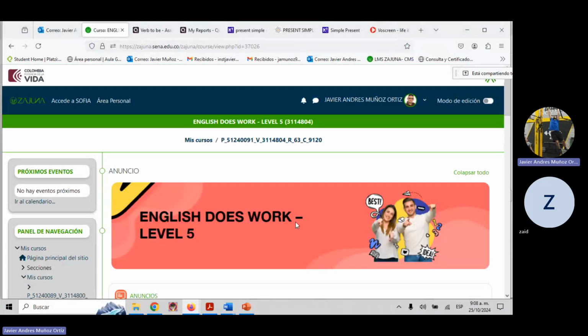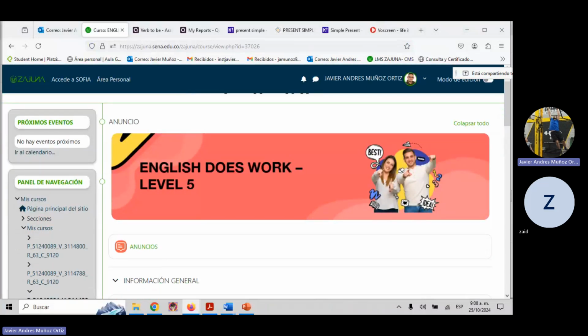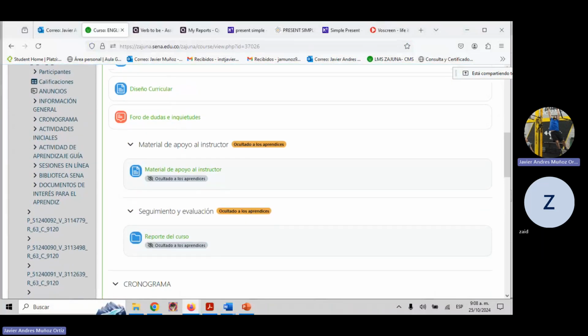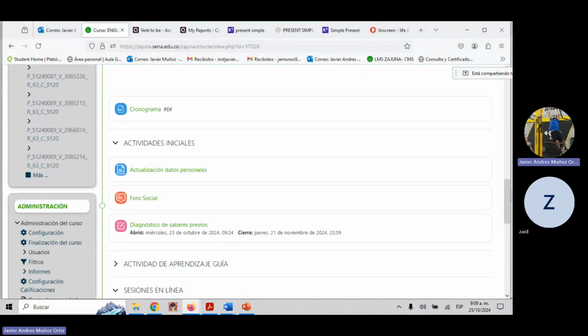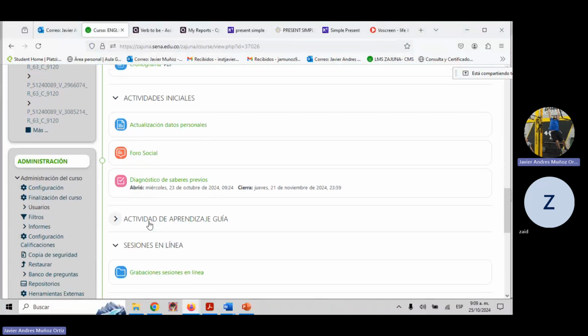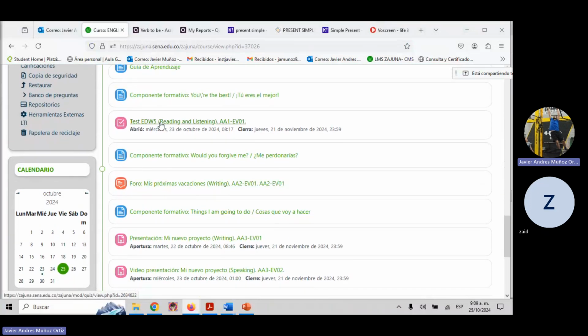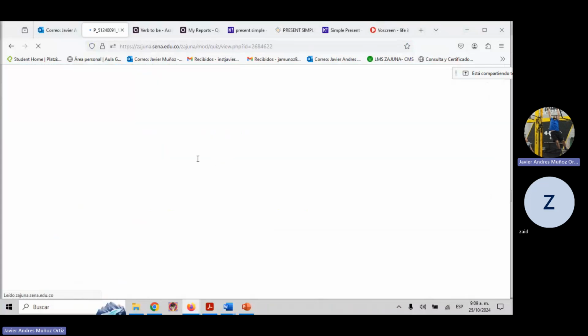English Does Work Level 5. Once we are in English Does Work Level 5, we're going to look for the link that's called Actividades de Aprendizaje Guía.